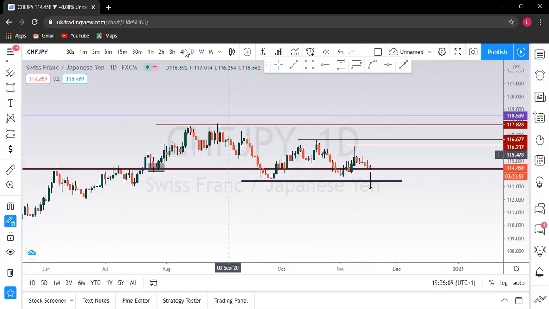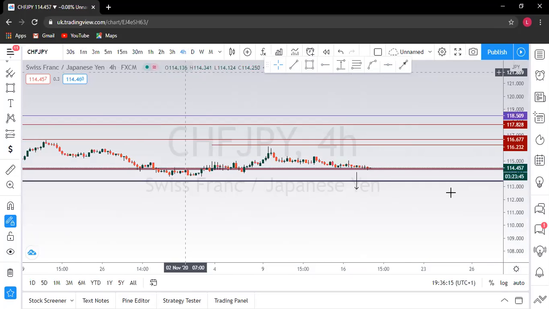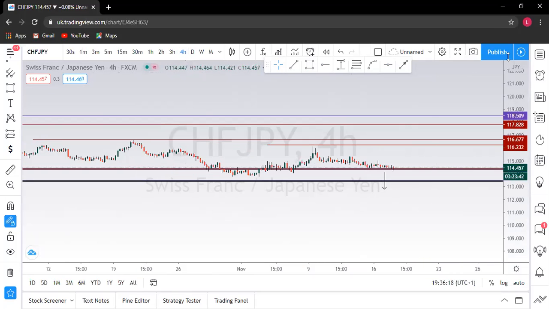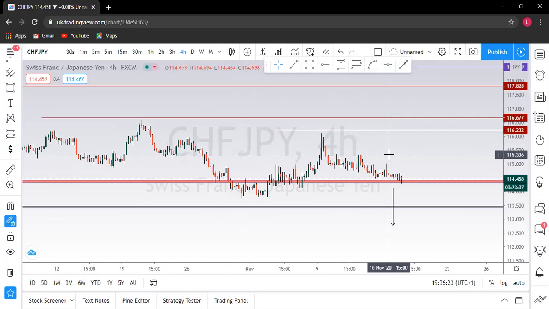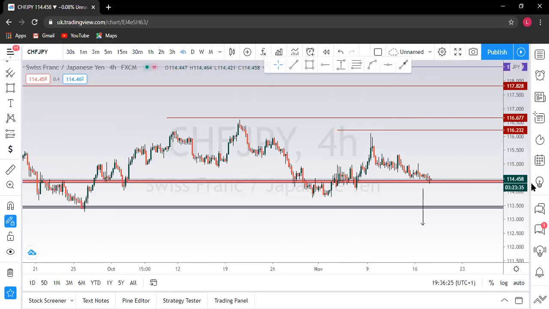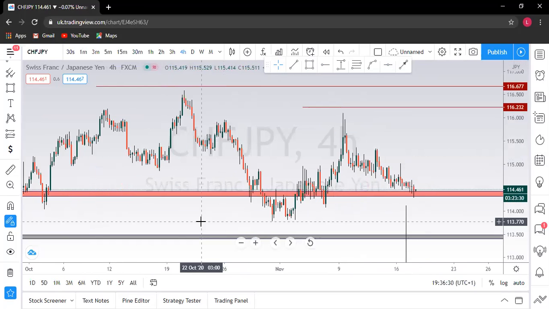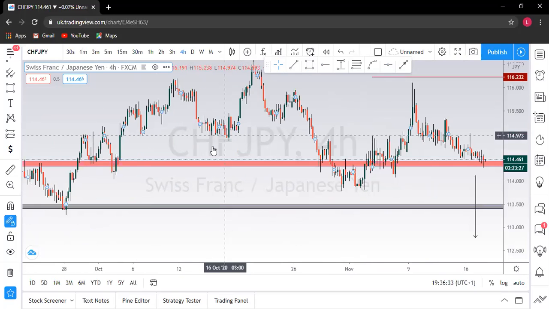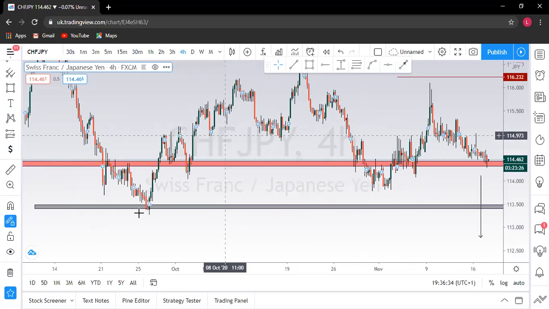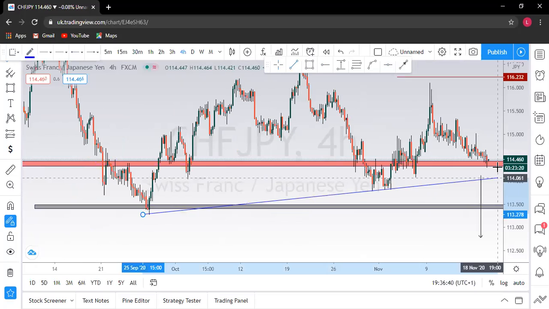So let's go to the 4 hour and see if we can actually deduct something from the 4 hour too. Looking at the 4 hour, we can't really see much, but we can actually deduct a trend line from this.